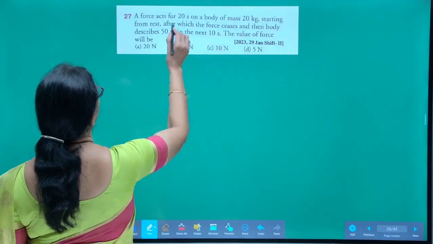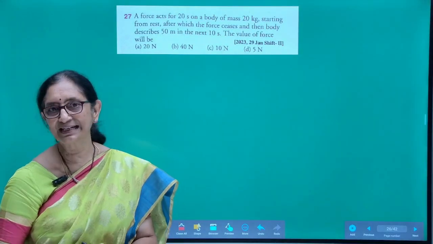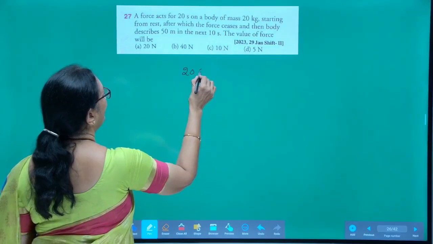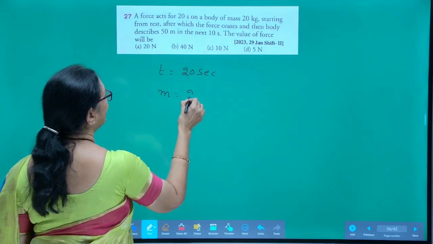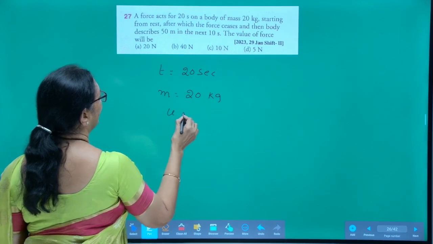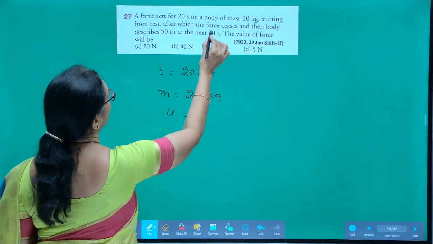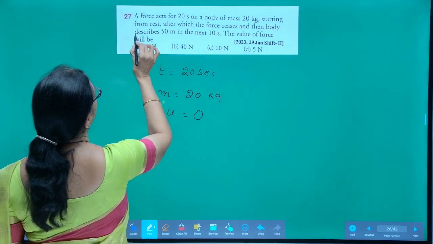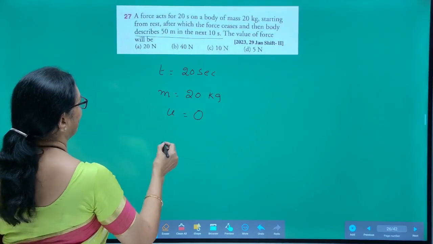Now next problem, 27th. A force acts for 20 seconds on a body of mass 20 kg. I am just writing the data. Starting from rest, initial velocity is 0, after which the force ceases and then the body describes 50 meters in the next 10 seconds.